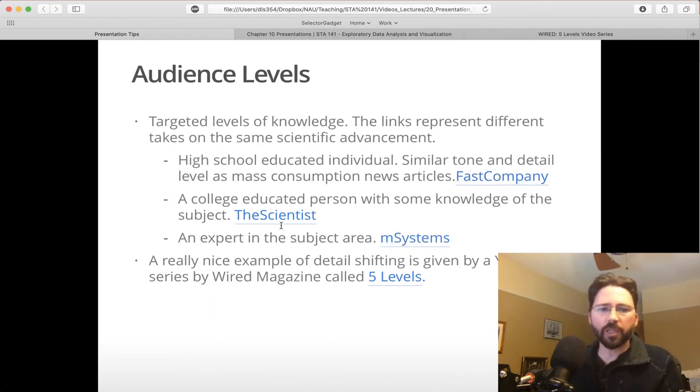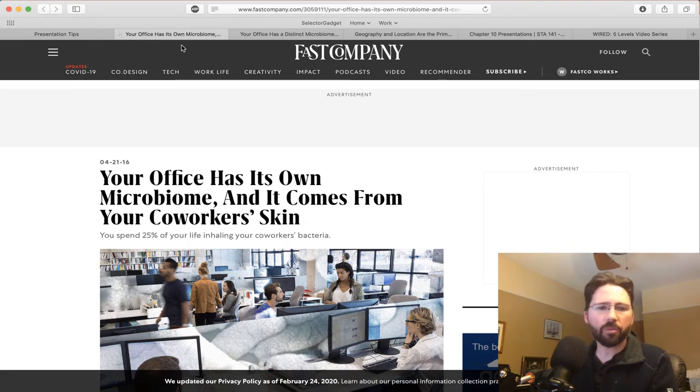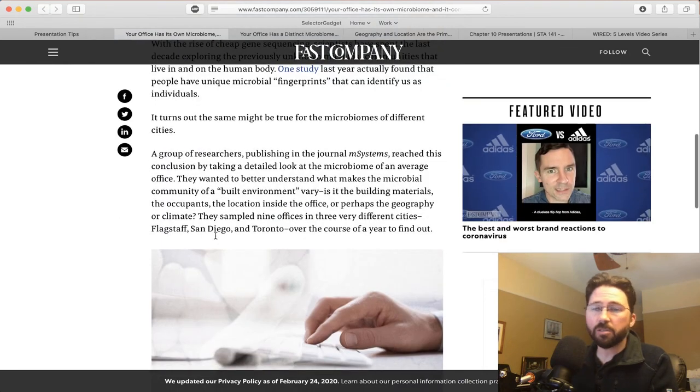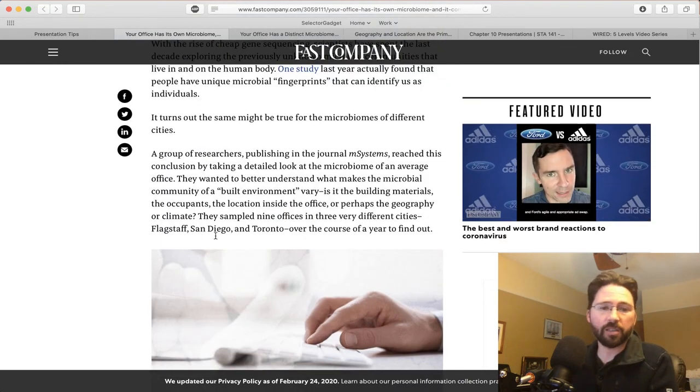Now, I've got some links here to 3 articles that all were based off of one particular research paper that came out here at NAU. And this particular paper, there are 3 different articles that came out. And in the first one, it is very light on the science.